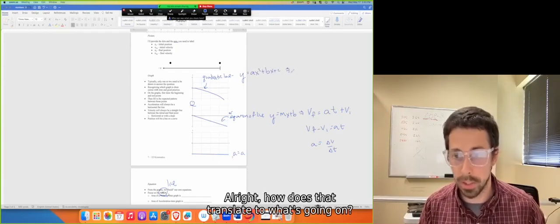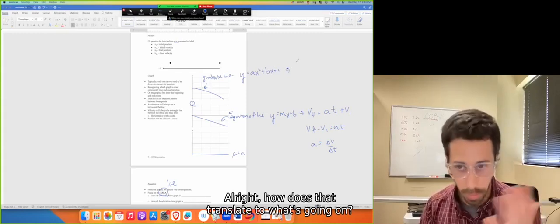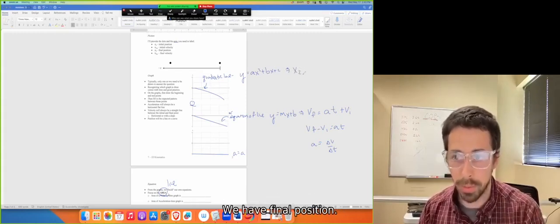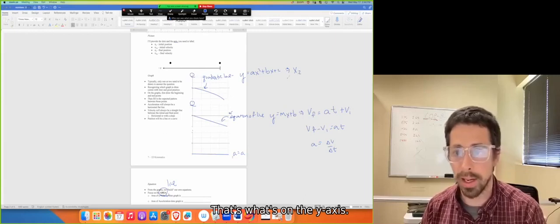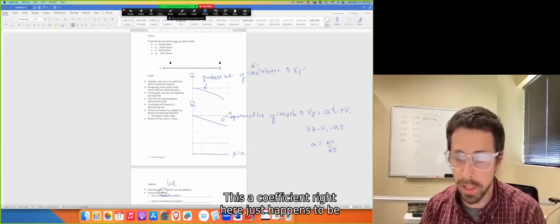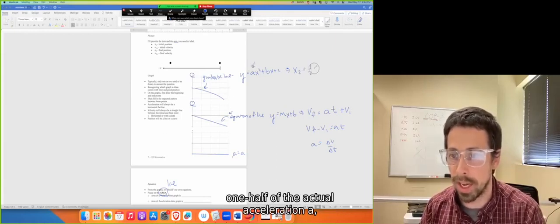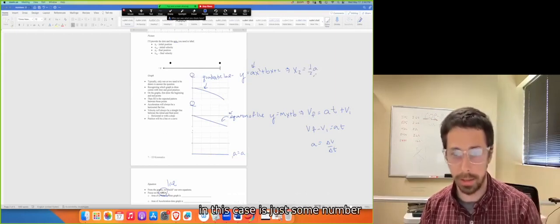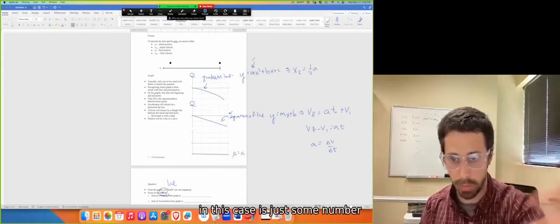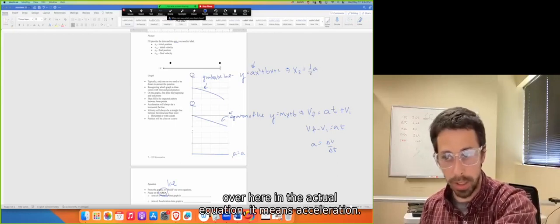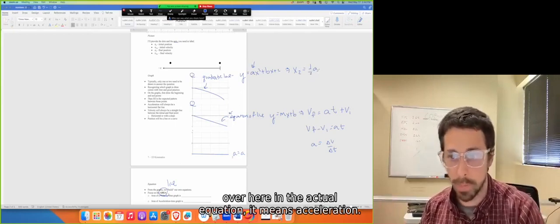How does that translate to what's going on? We have final position, that's what's on the y-axis. This a coefficient right here just happens to be 1/2 of the actual acceleration. A, in this case, is just some number. Over here in the actual equation, it means acceleration.